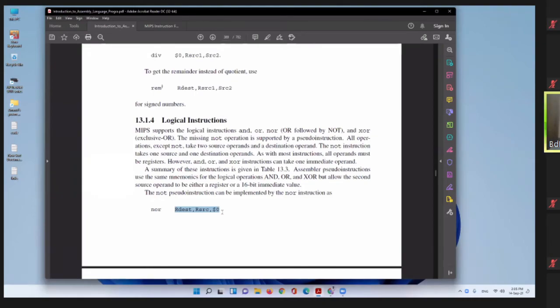But we have 32 registers. Which one is it? The first one, yes. Can you remember what the responsibility of the first register is? Remember, we have two reserved ones, the first one and the last one. This is the first register, $0.